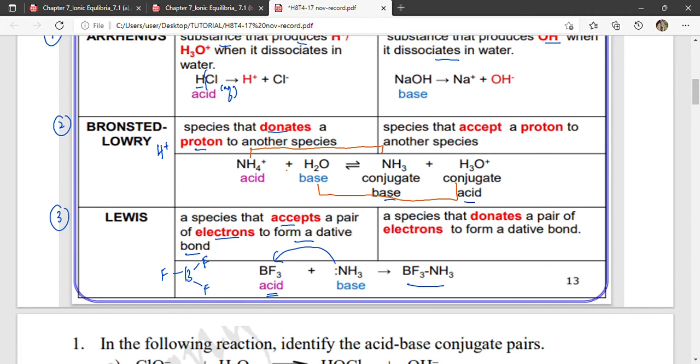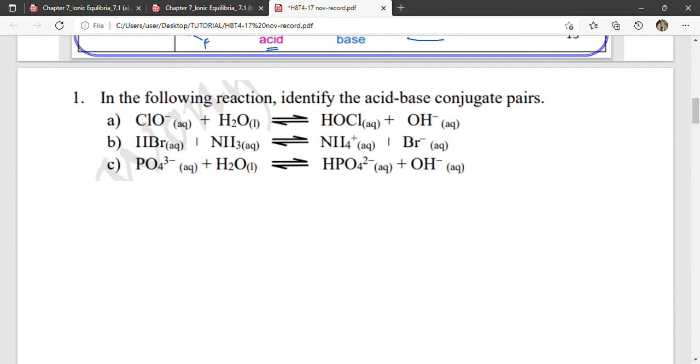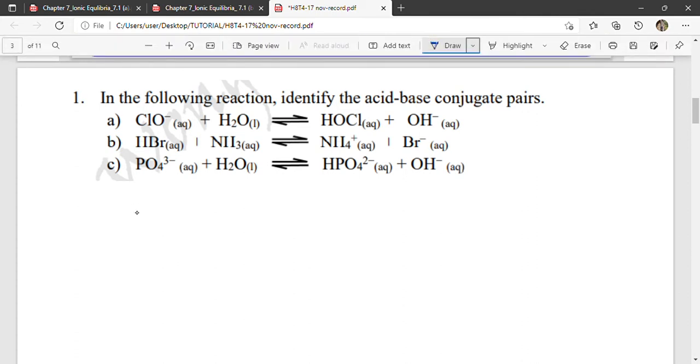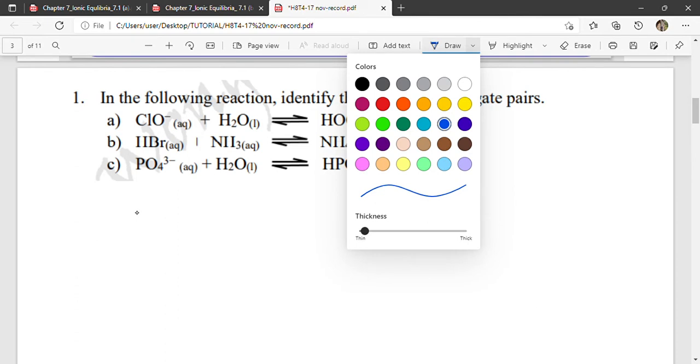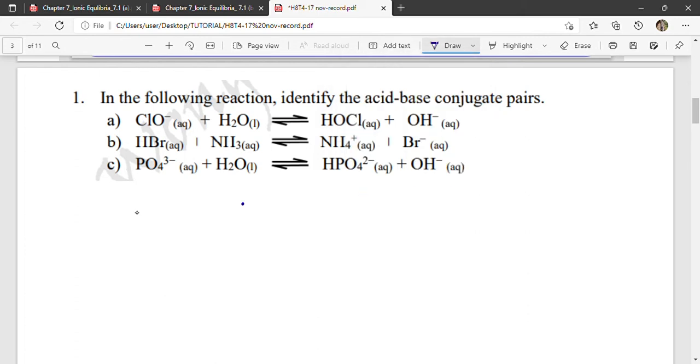All right. So next, we can look at one of the exercise questions, 7.1.1. Okay, we try question 1C here. PO4 3 minus reacts with H2O, producing HPO4 2 minus and OH minus.